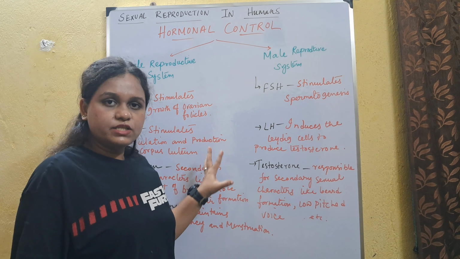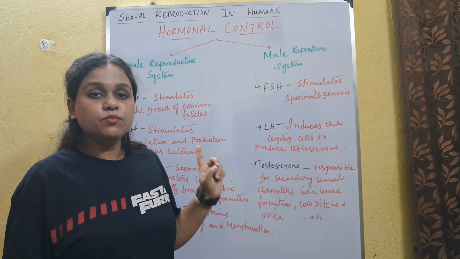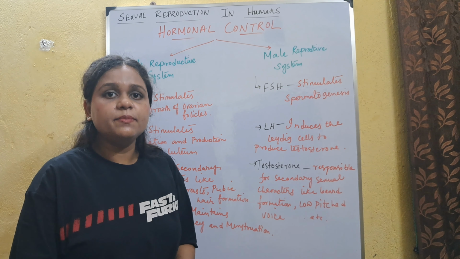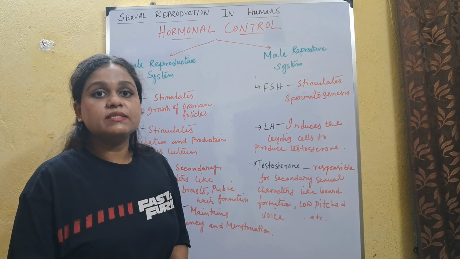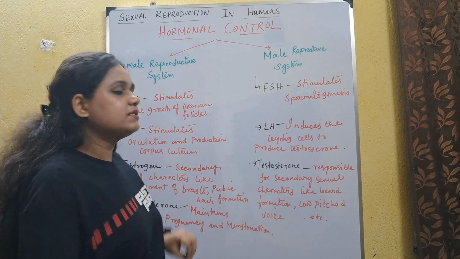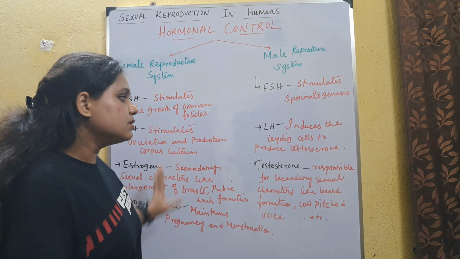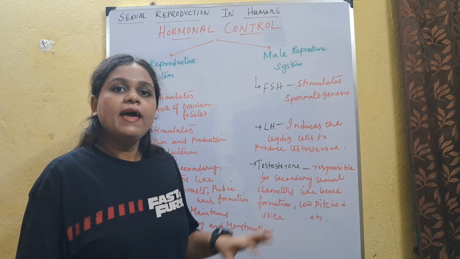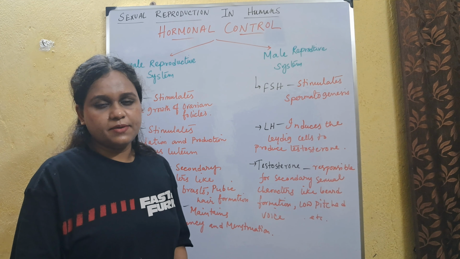The secretion of follicle stimulating hormone and luteinizing hormone in both males and females is controlled by gonadotropin releasing hormone, which is released by the pituitary gland, and the whole system is under hormonal control. So this is all about the hormonal control as well as the female and male reproductive systems.